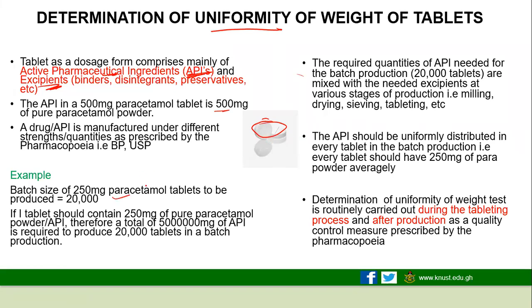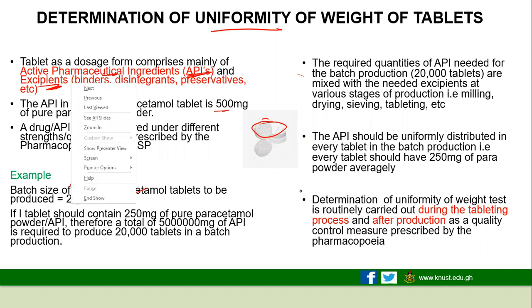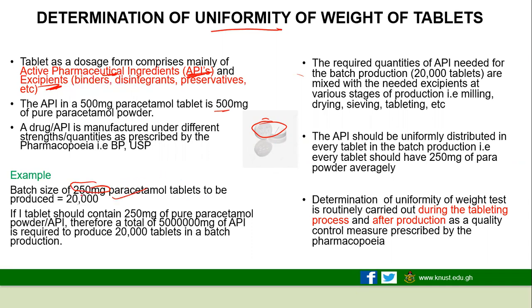And so there's a scenario that if we are making 250 milligram of paracetamol, and we are making 20,000 pieces of the 250 milligram of paracetamol, what do we do? Now, we find the total milligram of paracetamol we need, right?